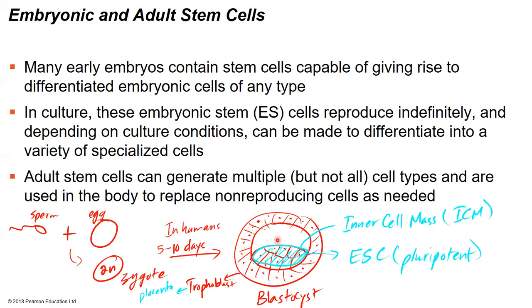And we have this cavity, faragh. This cavity is called the blastocoele. So this is how embryonic stem cells are obtained from the blastocyst stage.